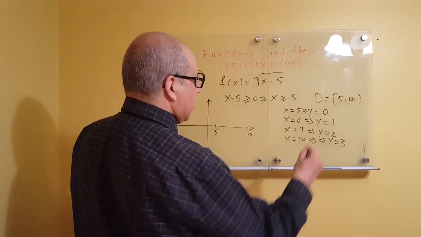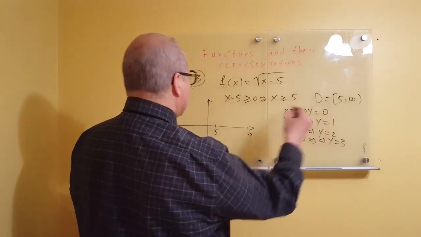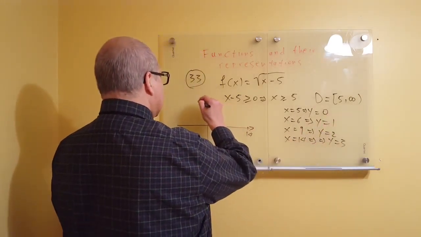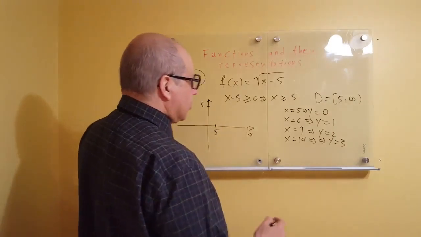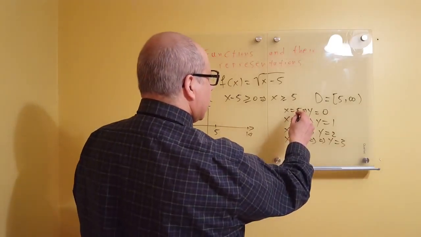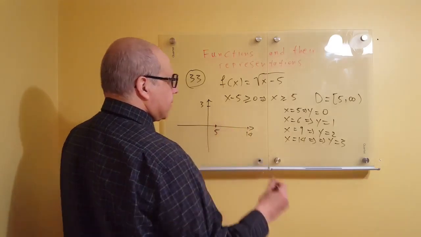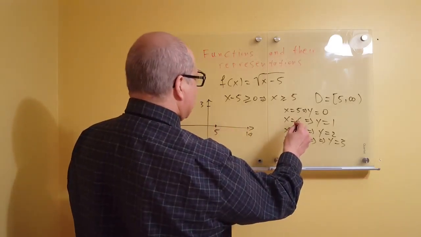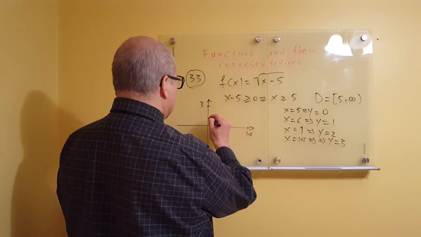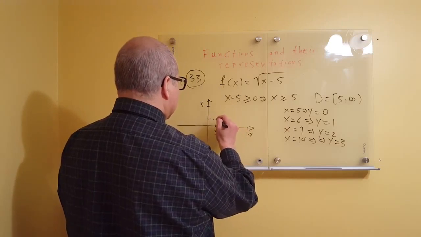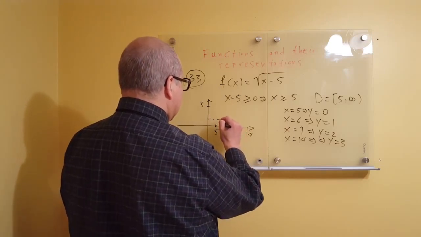And on the y-axis you go from 0 to 3. So let's say this is 3. For x equal to 5 you have 0. So this is the first point. The other point is for x equal to 6, you have y equal to 1. So let's say the other point should be approximately here.